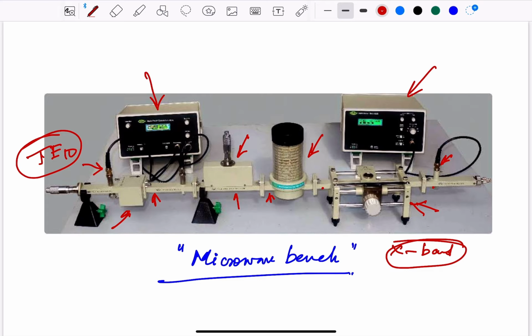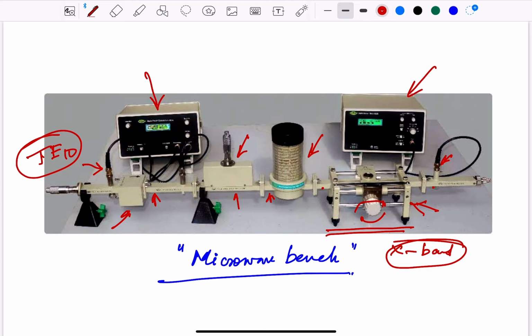If you want to explore this bench, you will see that in the slotted line there is a probe. By rotating this knob you can change the position, and that is how you can find the maxima and minima on the waveguide.